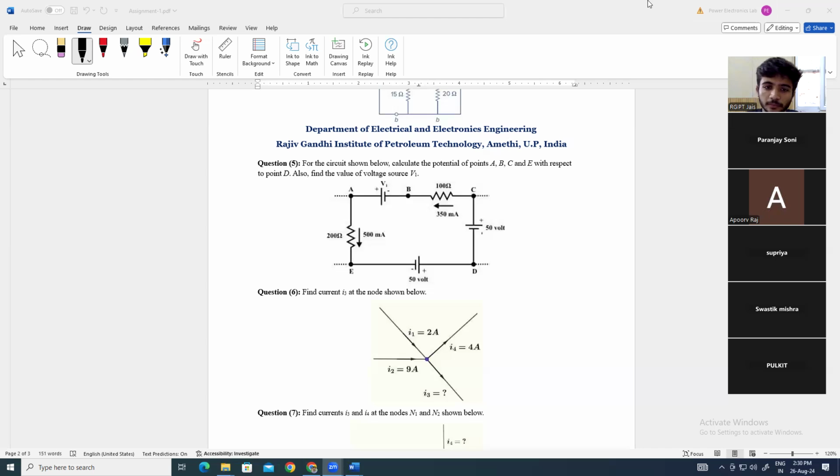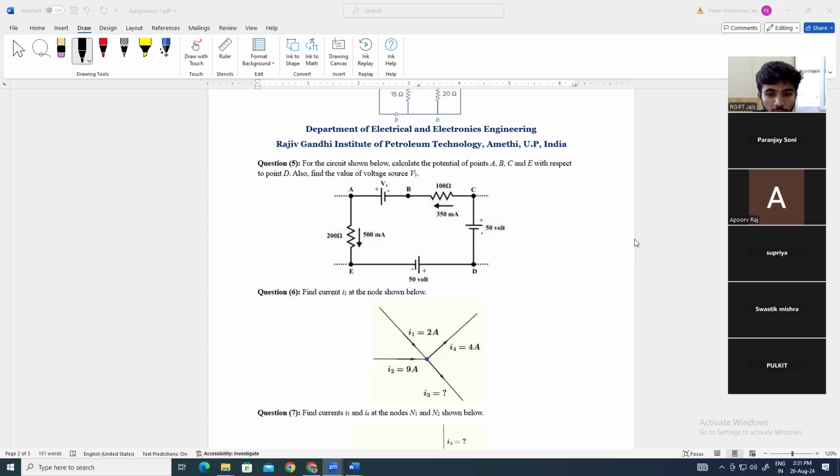Okay. Good. So here we can see there is one mesh, and we can see the current flowing through it. And we know that there's just one unknown variable, V1. If we know what V1 is, then we would know everything about the circuit.